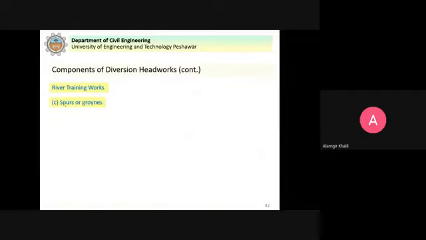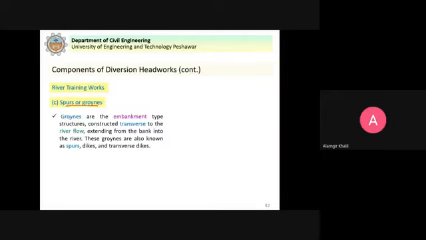So next we discuss the spurs or groins. Groins are embankment type structures constructed transverse to the river flow, extending from the bank into the river. These groins are also known as spurs, dikes, and transverse dikes.